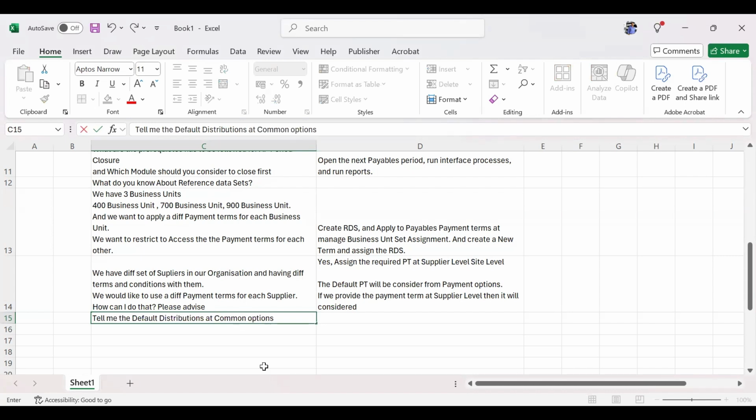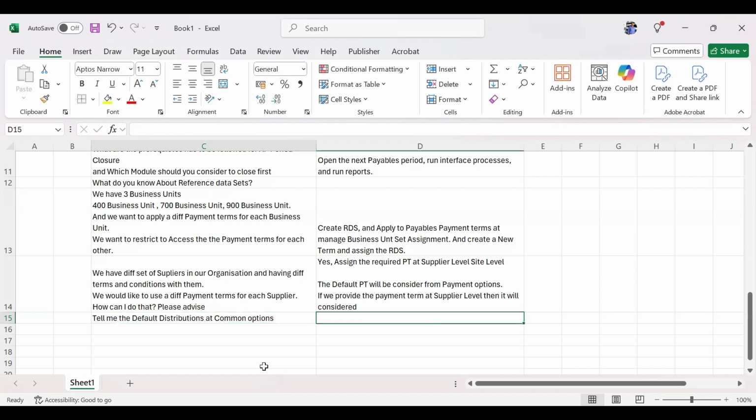The setup is manage common options for payables and procurement. So now tell me what are the default distributions we used to provide at common options level.